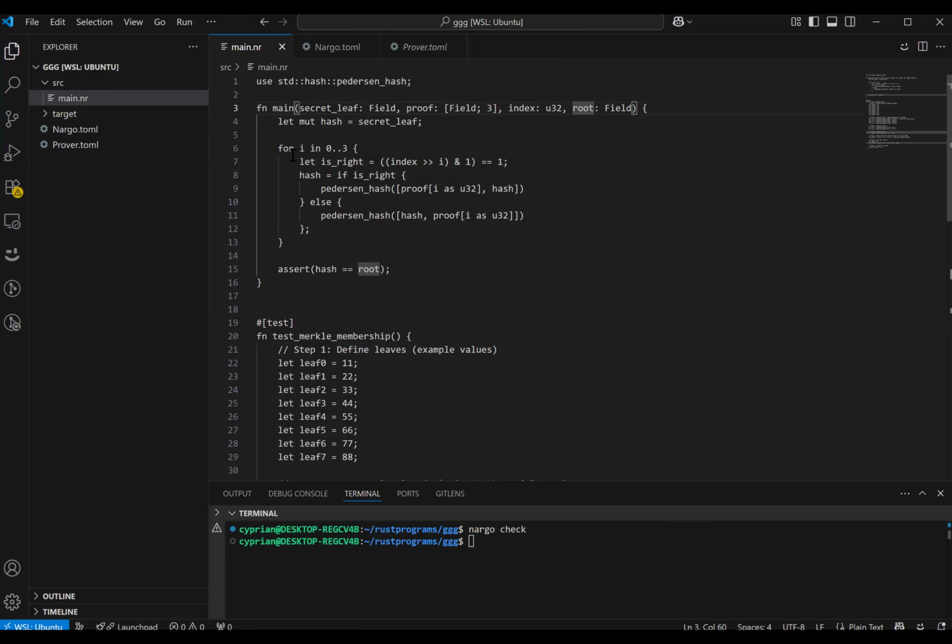Then this is the program. So for i in the range 0 to 3, remember that when you talk of 0 to 3, you are referring to 0, 1, 2. So in that range, we get the right. What we are doing here is defining the siblings until we go to the leaf. So remember the diagram I showed earlier.